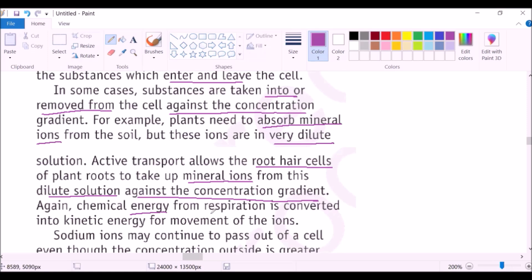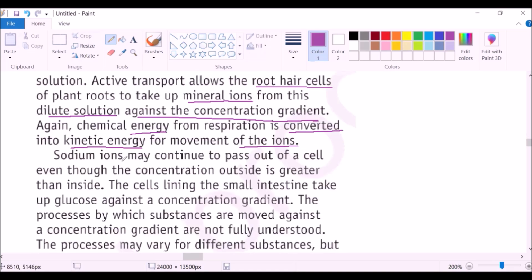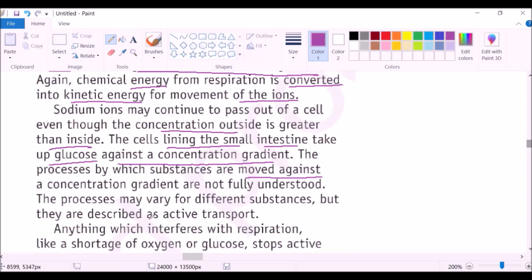Again, energy from respiration is converted into kinetic energy for movement of the ions. Sodium ions may continue to pass out of a cell even though the concentration outside is greater than inside. In digestion, the cells lining the small intestines take up glucose against a concentration gradient. The process by which substances are moved against a concentration gradient is described as active transport.